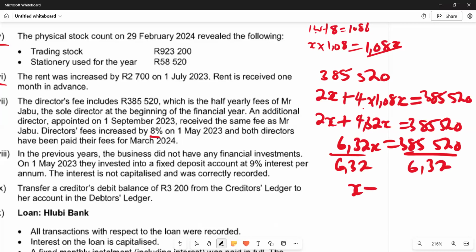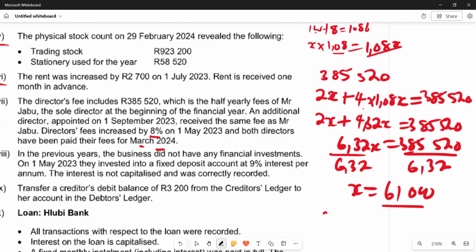And we remain with X equals 385,520 divided by 6.32, and you get 61,000. So 61,000 is the director's fees before it was increased. But the month that we are looking for is March 2024, which was already increased. So after the increase, we multiply by 1.08.